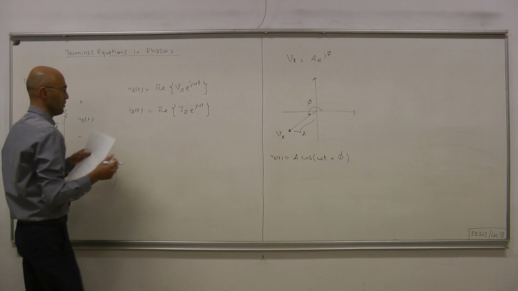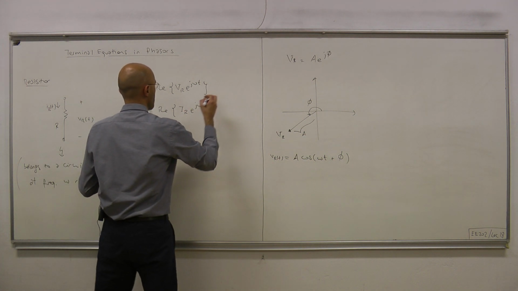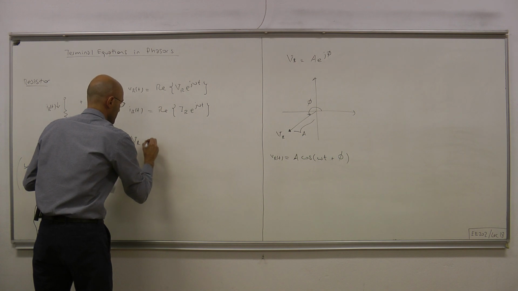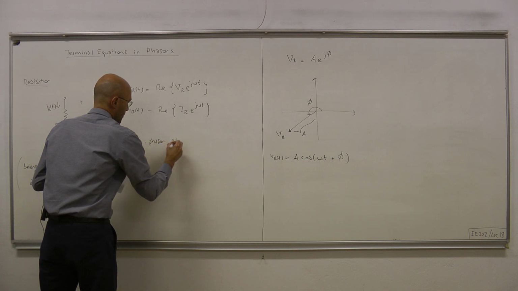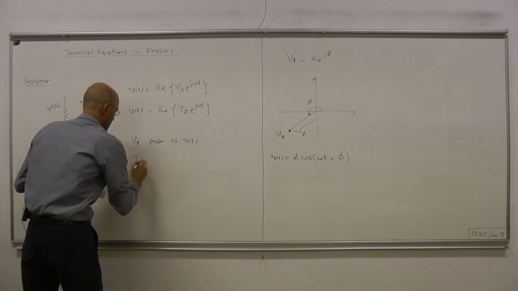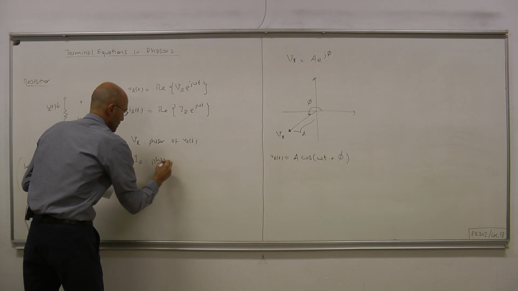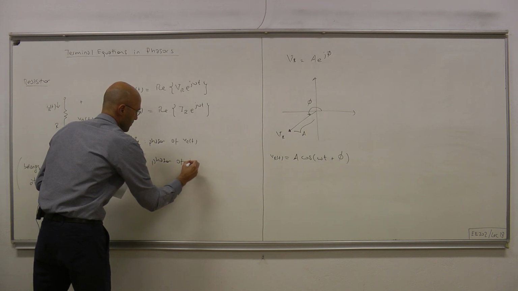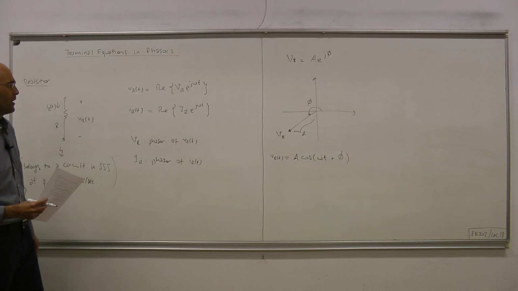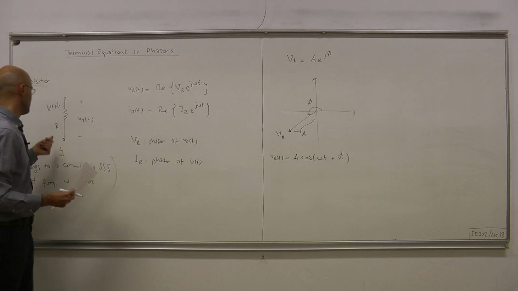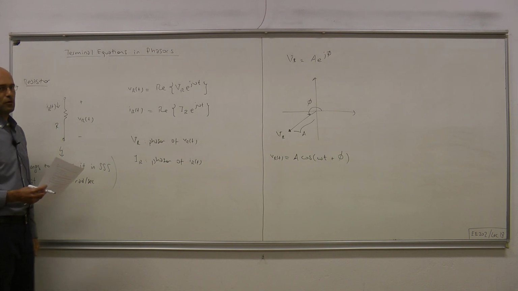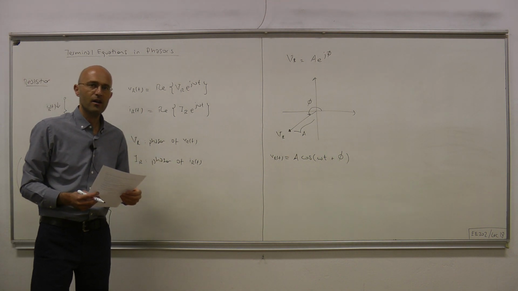Okay, so this is the voltage, this is the current, and this is the relation between their phasors and themselves. So VR is the phasor of vR(t), and IR is called the phasor of the current, iR(t). Now what we know is that this is an LTI resistor, therefore the voltage and current should satisfy Ohm's law.